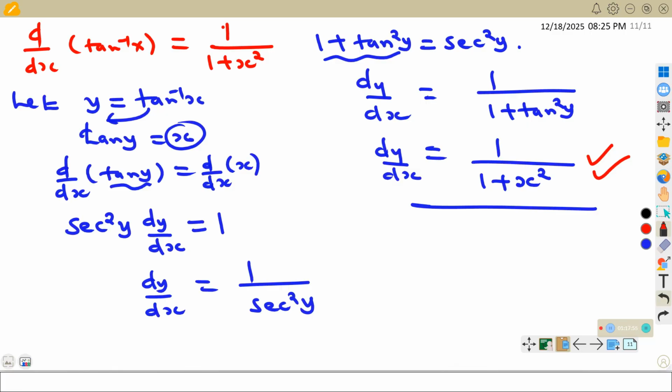Unless there is a question, we can look at one more question, not necessarily having tan inverse of x, since those are very direct. So we can look at a few other questions that consist of inverse trig functions. Is that one very clear to all of us?